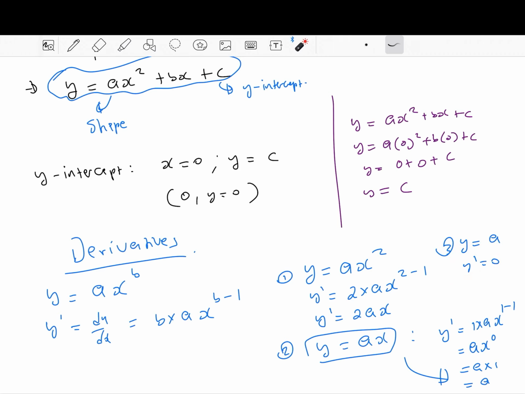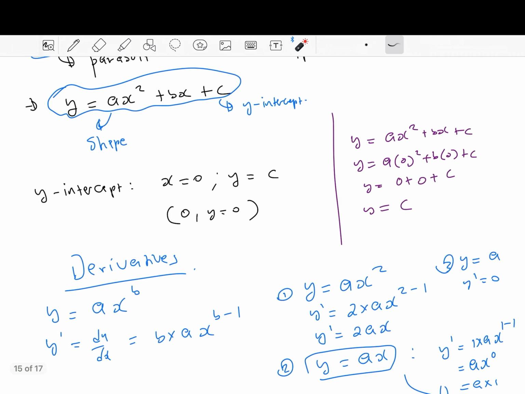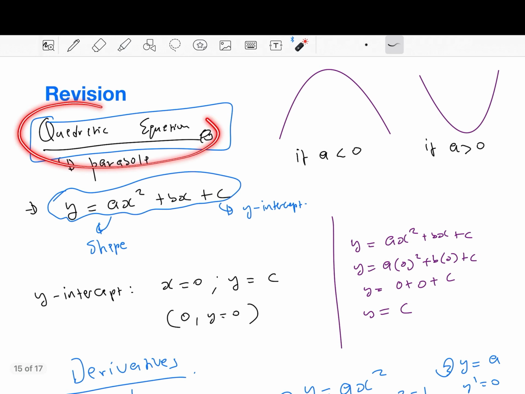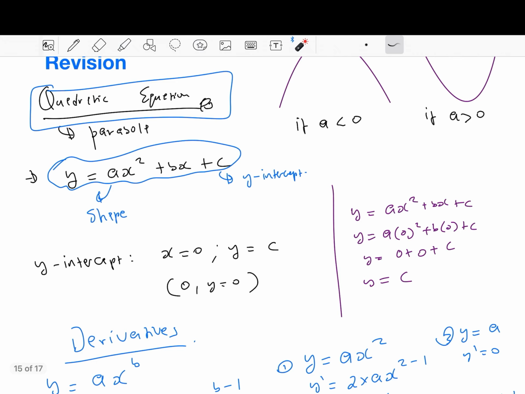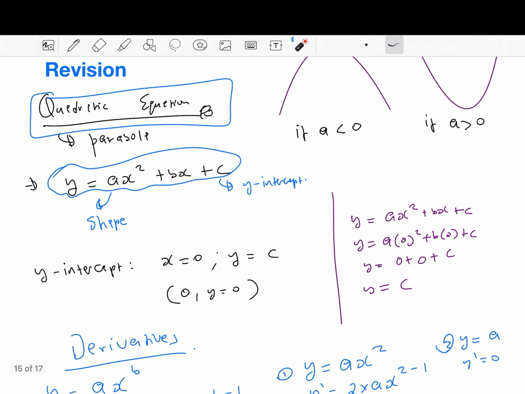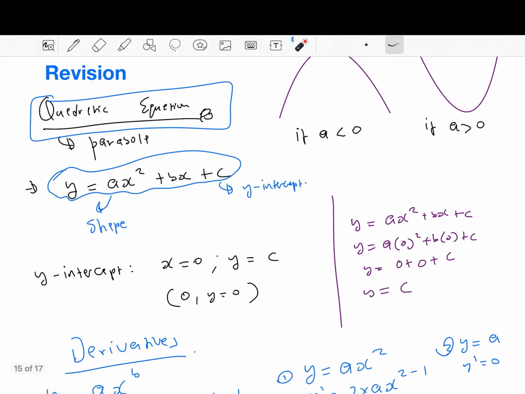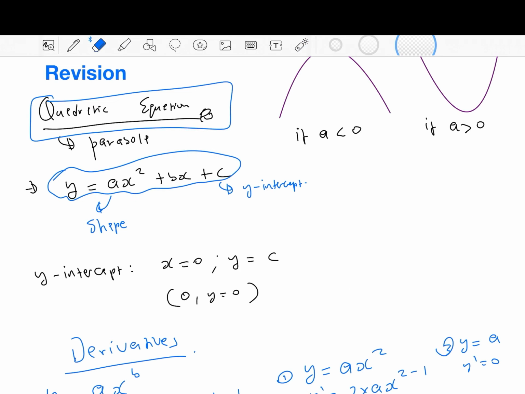Now, I'm going to show you how you can combine this knowledge. Now you know about quadratic equations, and now you know about derivatives. Then you can combine these two to find certain things. What we haven't learned about quadratic equations is what you call turning points. Let's write this down.